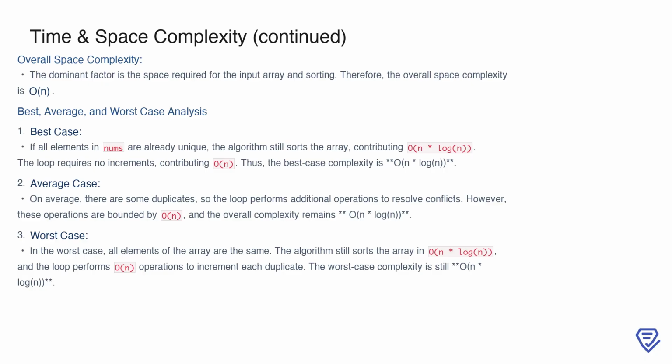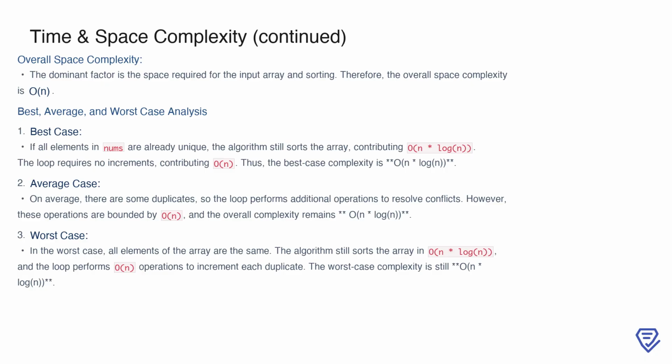Let's now analyze best, average, and worst-case scenarios. In the best case, where all elements in nums are already unique, the algorithm still sorts the array, which takes O(n log n). Since no increments are needed, the for loop contributes only O(n). Thus, the best case complexity remains O(n log n). For the average case, some duplicates are present, leading to additional operations during the loop.